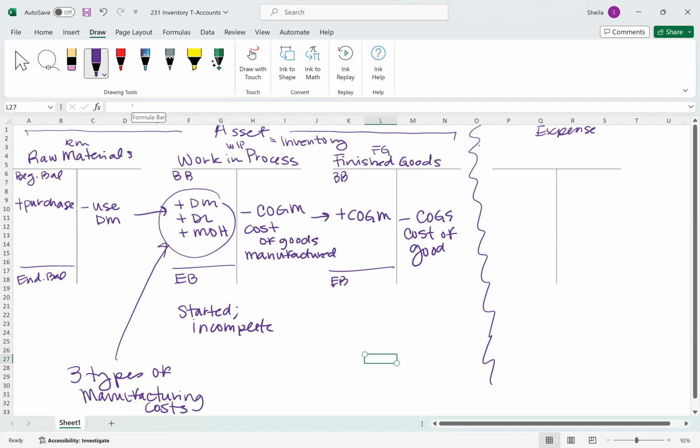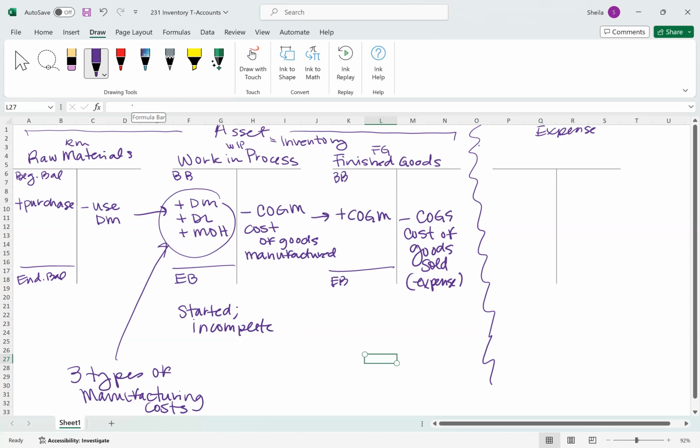So if you think about this, remember, what we've done is we've accumulated all of our costs throughout the manufacturing process, and we have determined now when we sell those products, the cost of those goods to us.